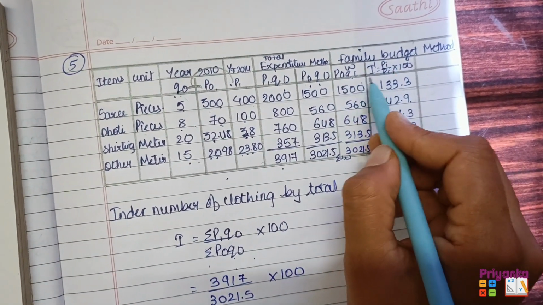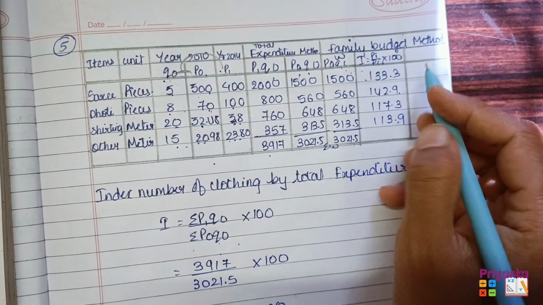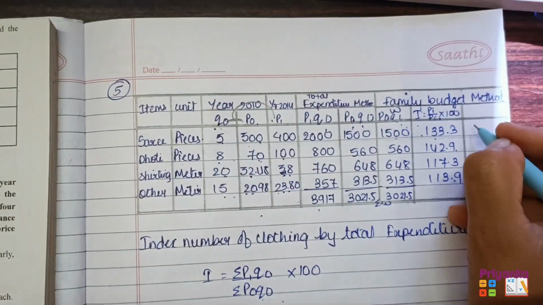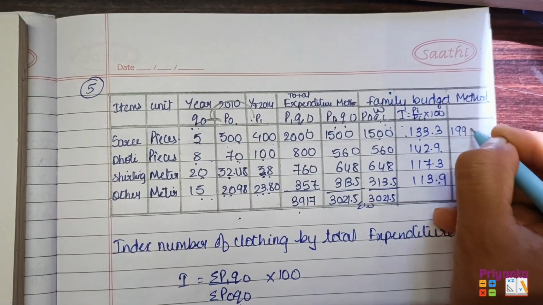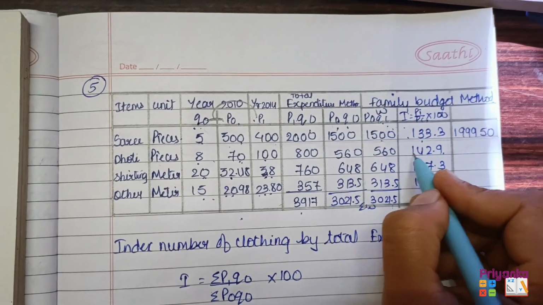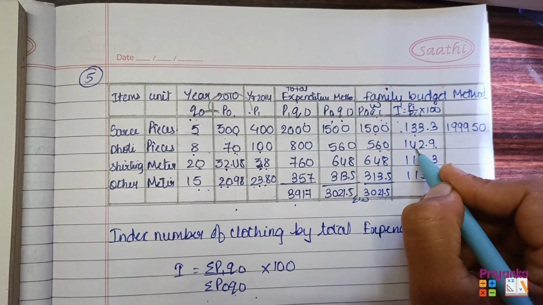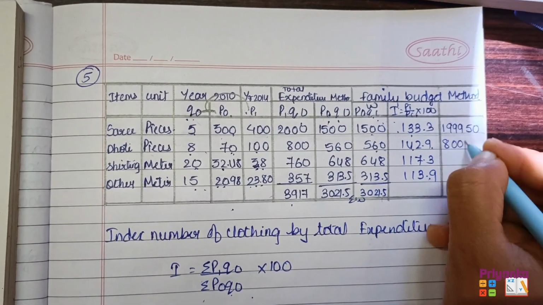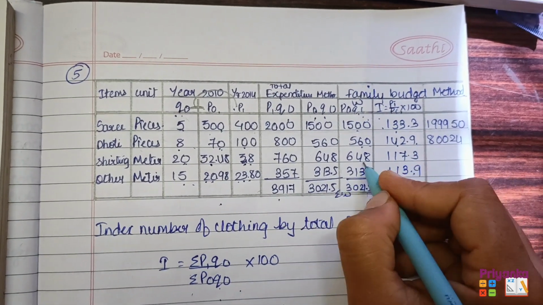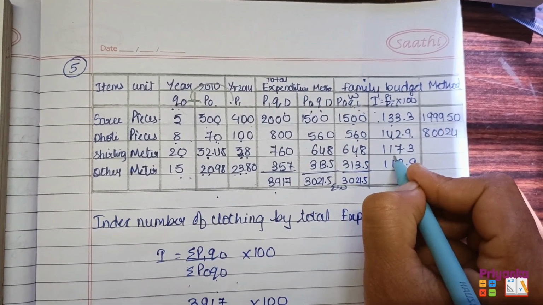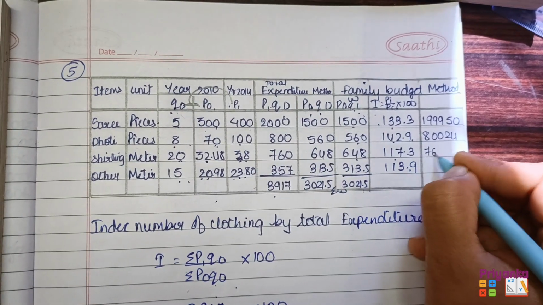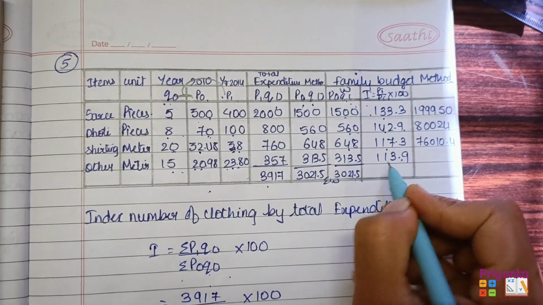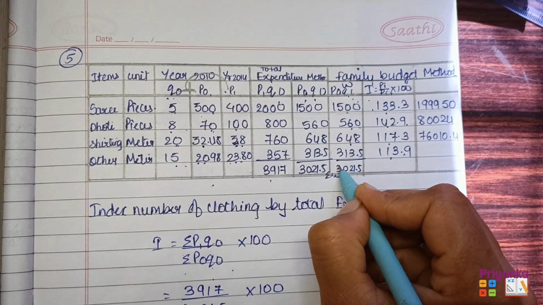So for family budget we need to multiply I with W, that is 1500 multiplied by 133.3. Here we get 1,999.50. Again 560 multiplied by 142.9. Here we get 80024. Next 648 multiplied by 117.3, that is 76010.4. 113.9 multiplied by 313.5.